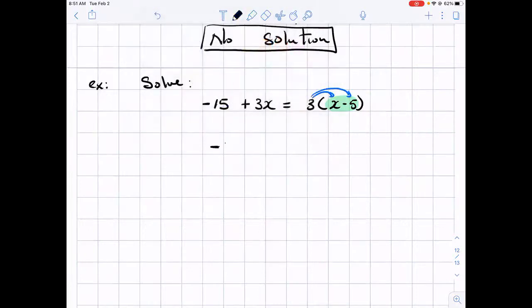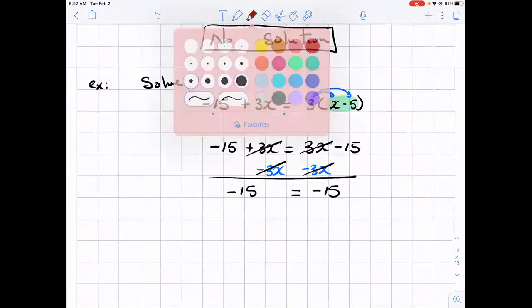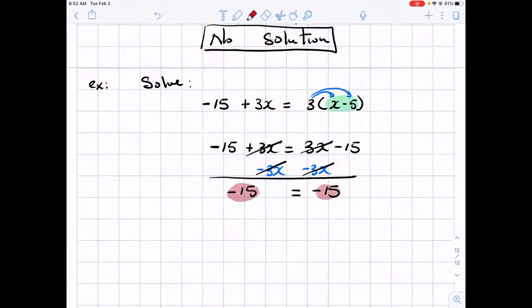The left side stays the same, minus 15 plus 3x, is equal to 3x minus 15. And as always, I move the letters first. You don't have to. We minus 3x on both sides. By doing that, we end up with minus 15 plus 3x minus 3x is 0, equal to 3x minus 3x is 0, minus 15. Notice that the left side is identical to the right side.